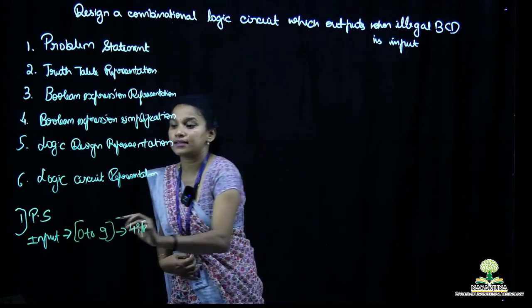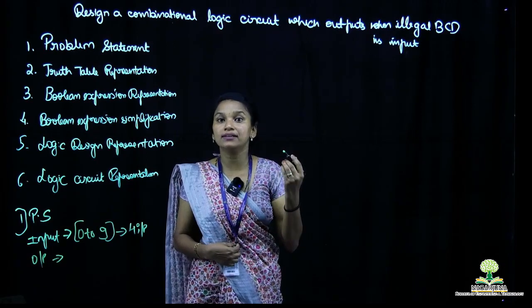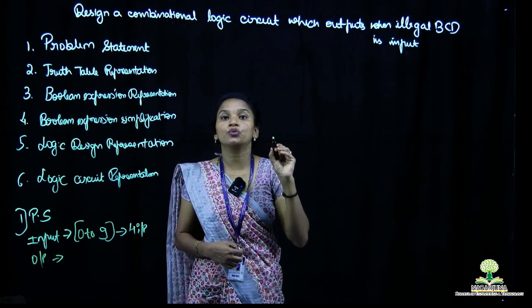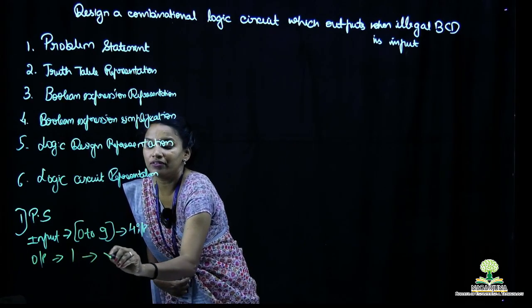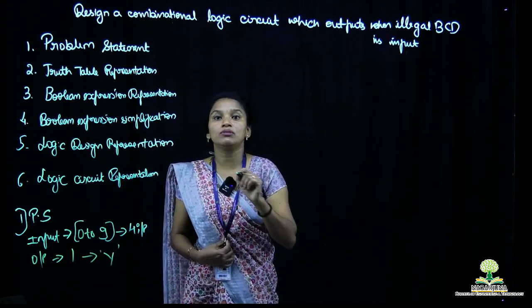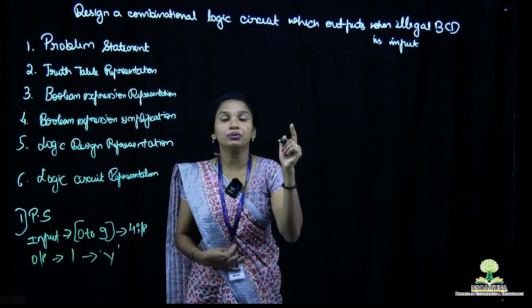Next, the output will only generate when your input is illegal BCD. Also you can see that the question says logic circuit which outputs. That means you will have only one output. We will consider it as Y. It is very necessary in the problem statement that you know the relation between the input and the output.